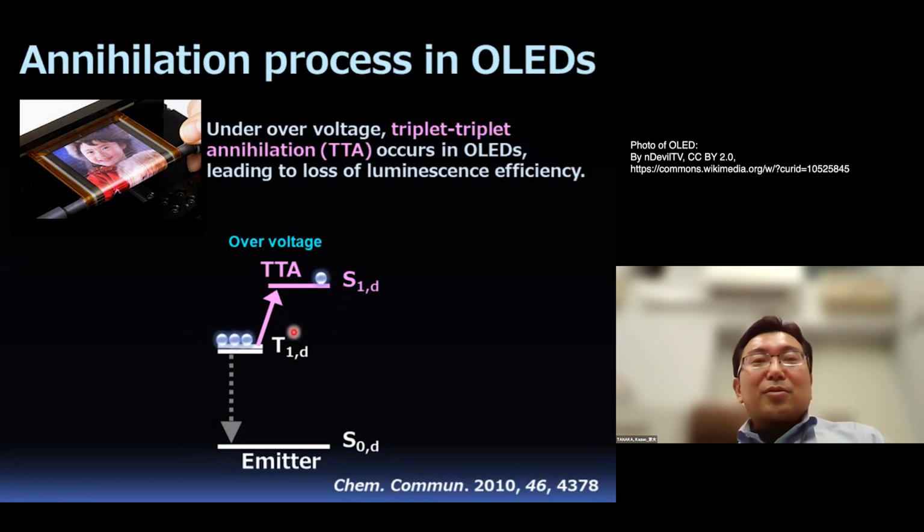As a result, excitation energy is consumed, and luminescence disappears.